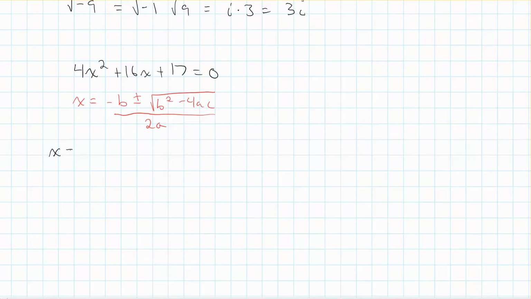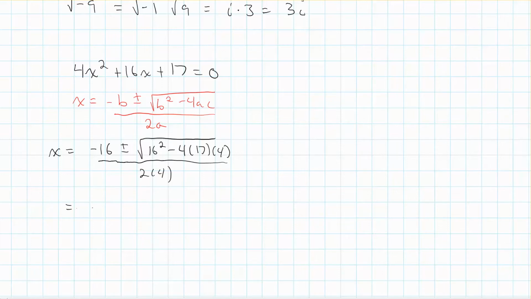So we'd have x is equal to negative 16 plus or minus the square root of 16 squared minus 4 times 17 times 4, all divided by 2 times 4.